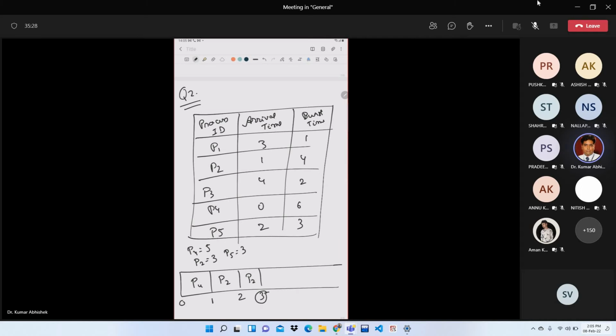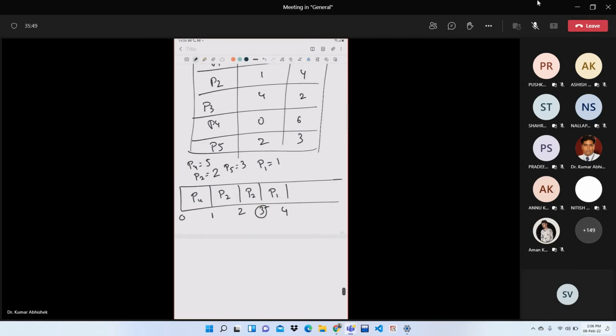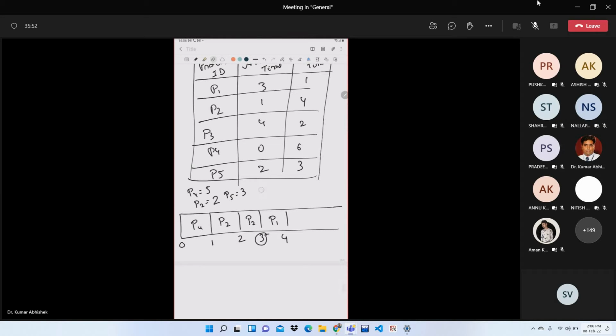At 3, what we have is 2 remaining. So 1 to 4, and this is equal to 2.